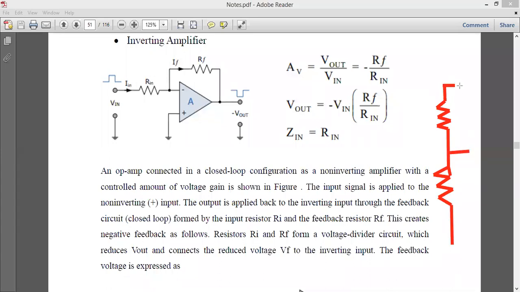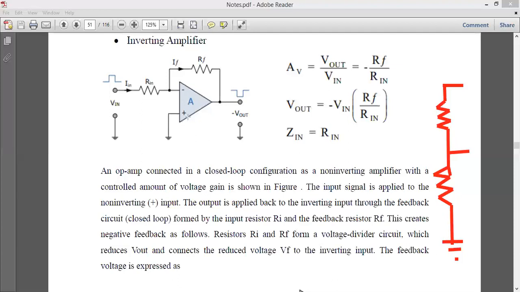The input will be applied here, and we can make this connection ground also, so that you may find some kind of voltage division rule we apply basically. We'll not go into that. Just remember you have one input resistance and one feedback resistance. The use of this is just to reduce your Vout and connect the reduced voltage VF to the inverting input.